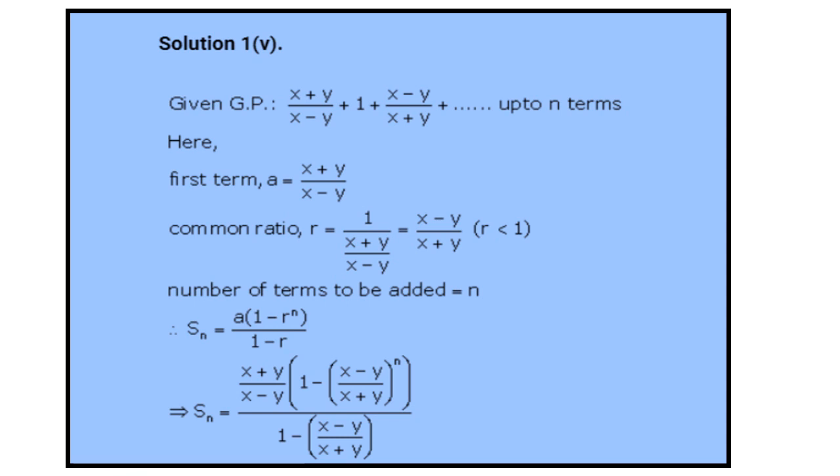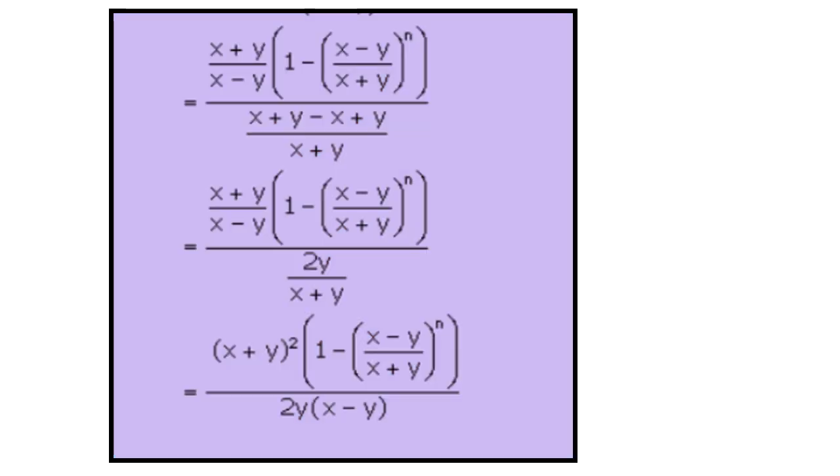So x minus y is the difference of two terms and x plus y is the sum of two terms. The difference of two terms will always be less than the sum of the two terms. Hence r is less than 1. Consider the formula of case 2 and substitute the values. Keep n as it is.